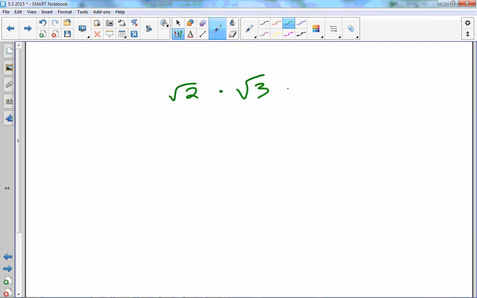So can I say right there that's square root of 6? Yeah. Okay. Now, could I do square root of 2 plus the square root of 3? Is that square root of 5? No. To combine radicals, the radicands have to be the same.